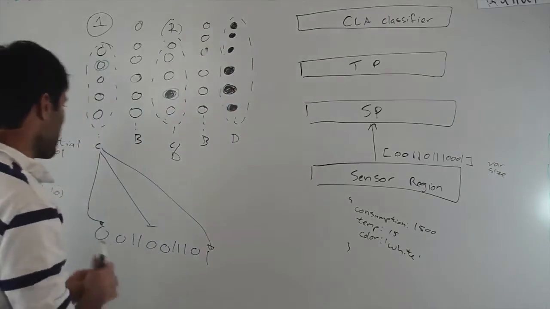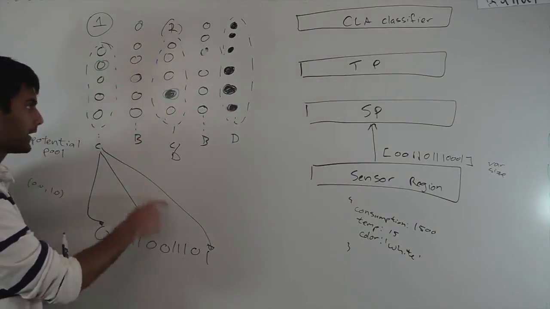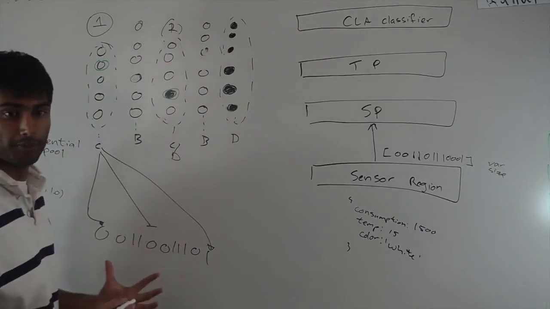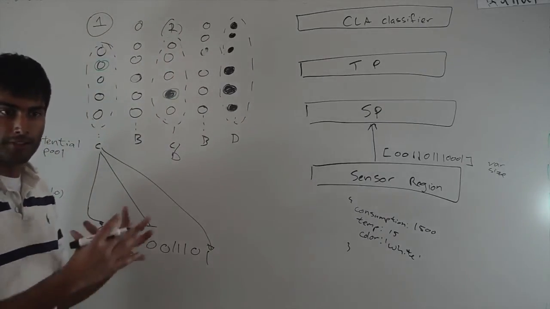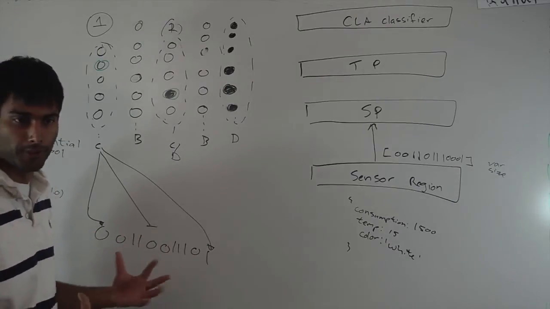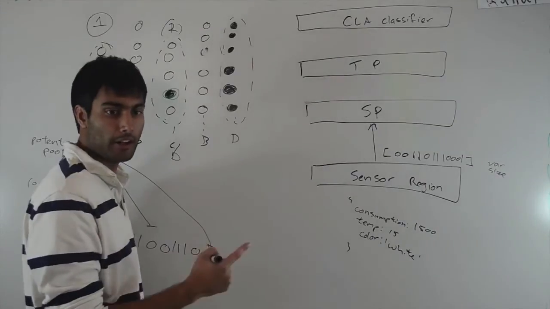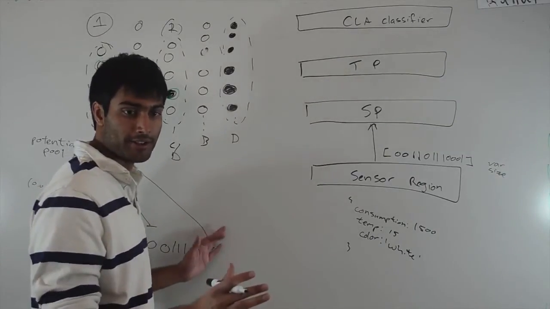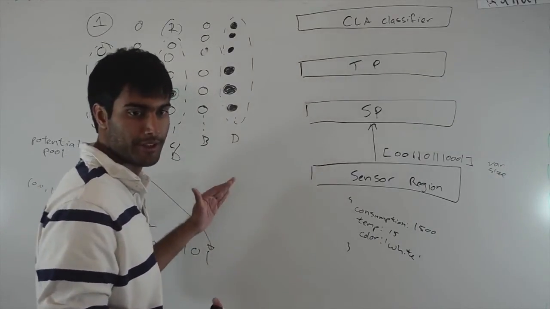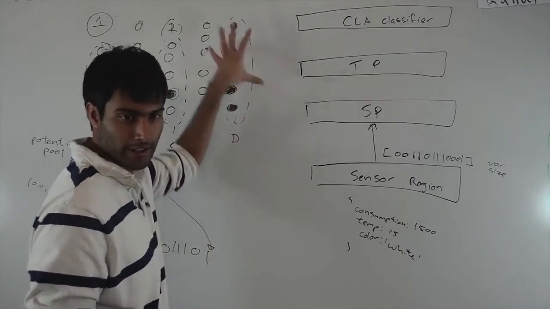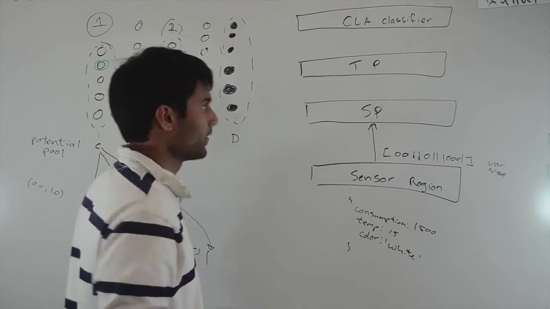This initial learning task of picking which columns are active, we call the spatial pooler. In code, we actually have a separate class for that, called the spatial pooler. That is just responsible for picking columns. It does not look at the sequences, and it does not look at the cells within the columns. In some ways, it just treats each column as a single cell.